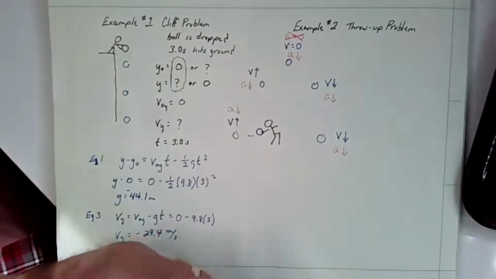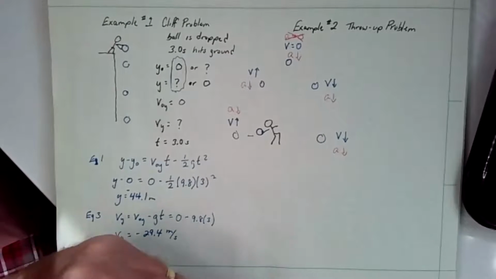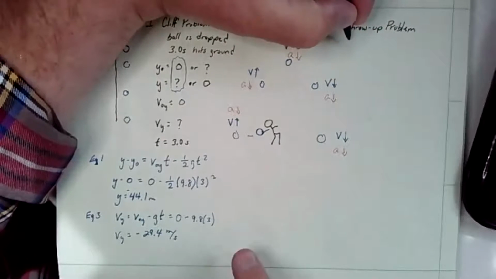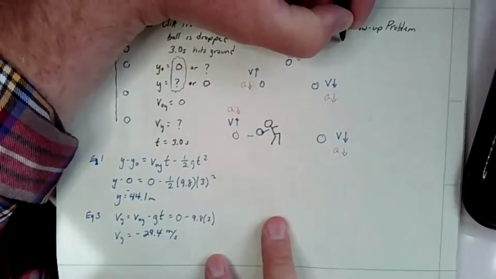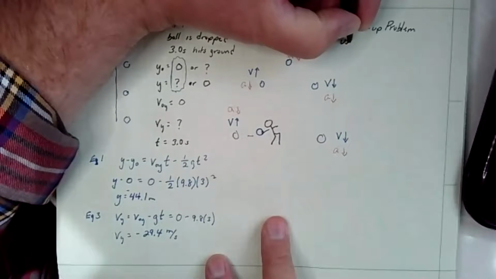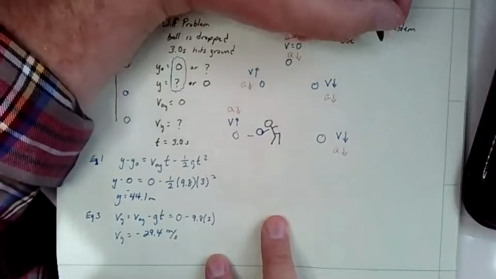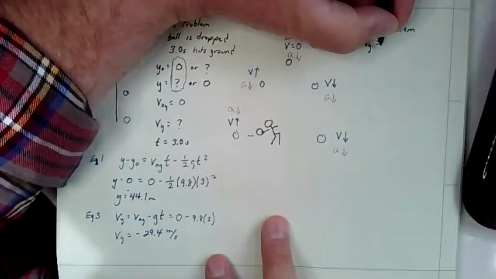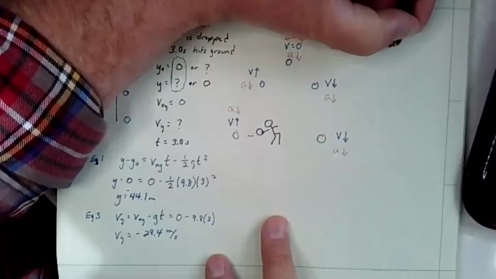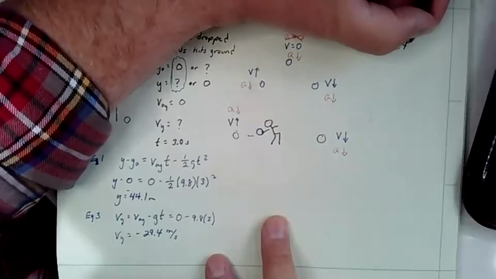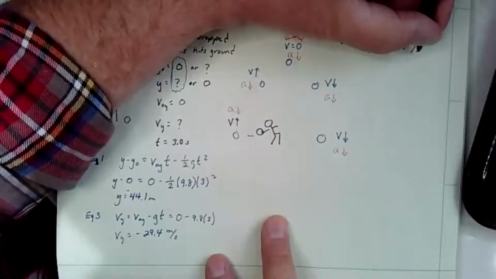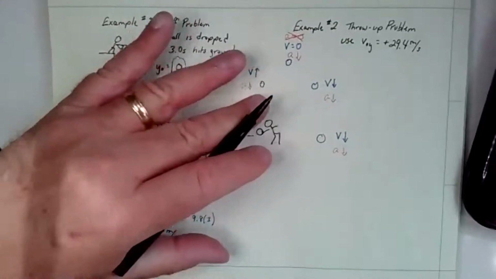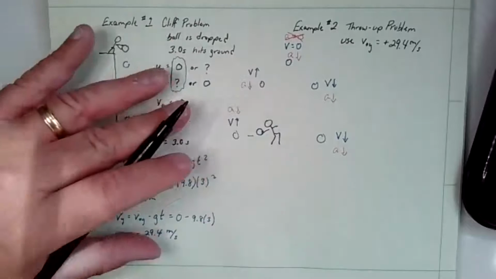Let's go ahead and provide some extra variables. In our throw-up problem, just for fun, let's use our initial velocity in the y direction to be positive 29.4. Just so we can wind up drawing some interesting parallels between these two, right?